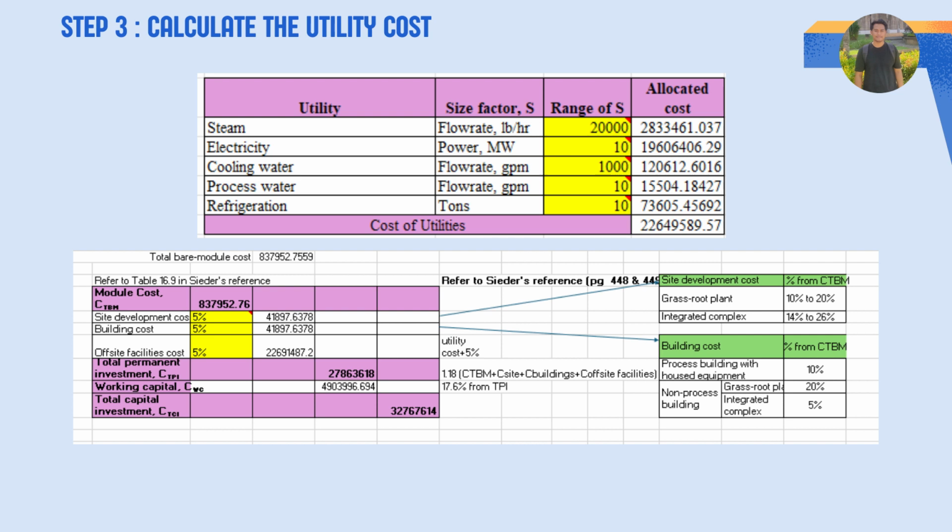For the next step, we need to calculate the utility cost. We need to input the values for steam, electricity, cooling water, process water, and also refrigeration. These values must be within the range of the size factor that has been set for each utility. After we input the values, it will automatically calculate the allocated cost, and sum up the costs as the cost of utilities.